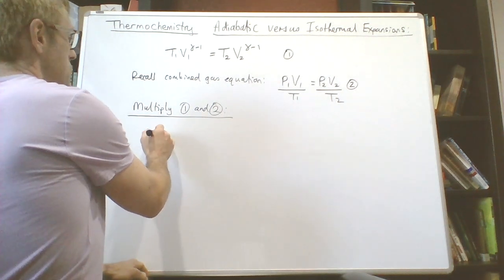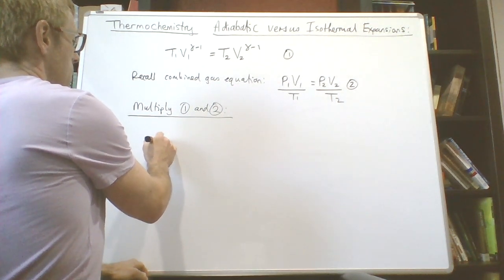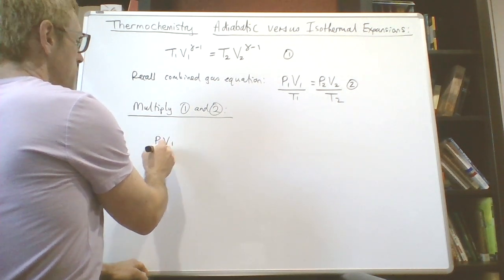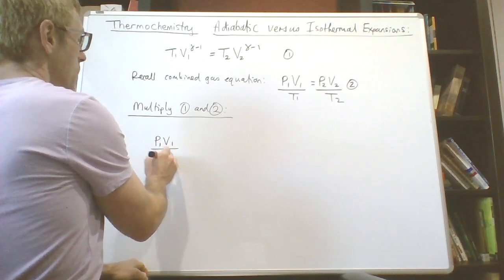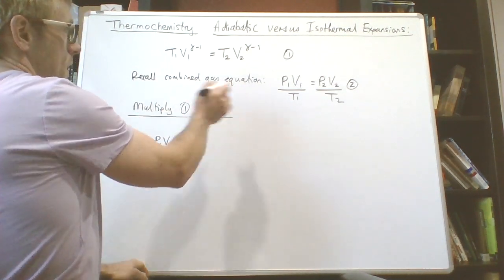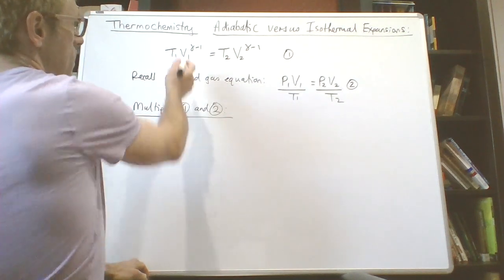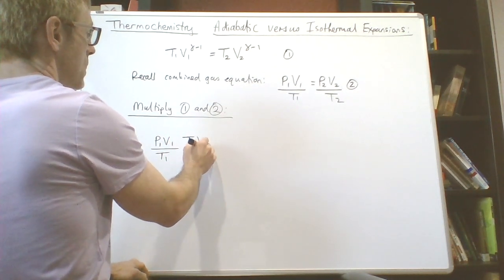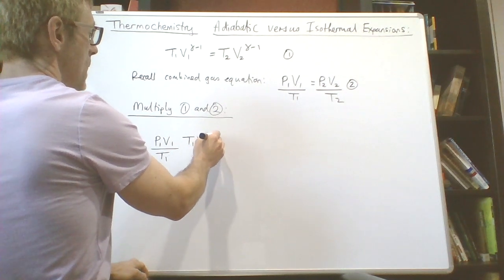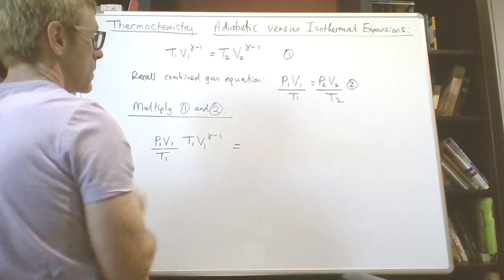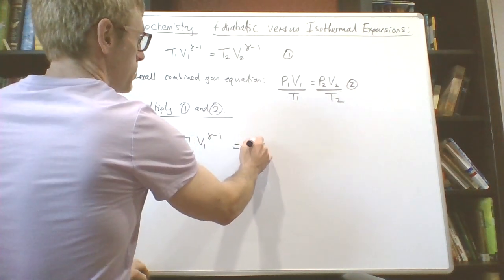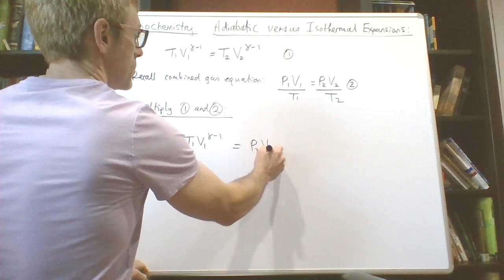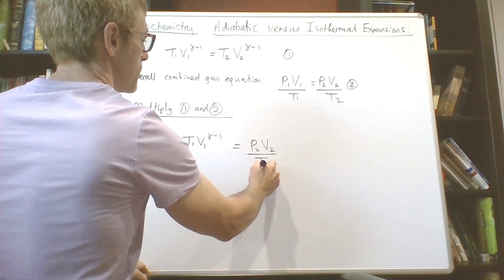So let's do that. So we're going to have P1 V1 over T1. That's the part from 2, and then the part from 1 is T1 V1 to the gamma minus 1. And then we've got P2 V2 over T2.